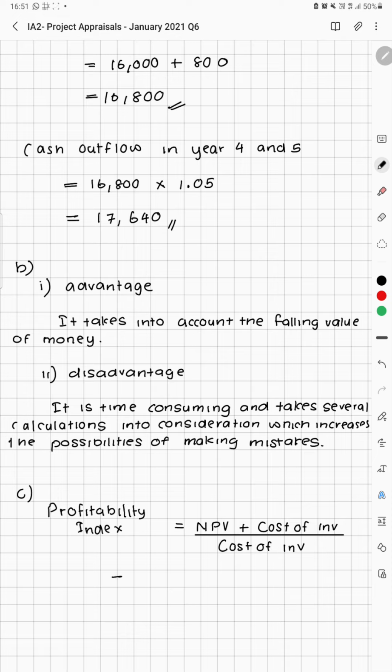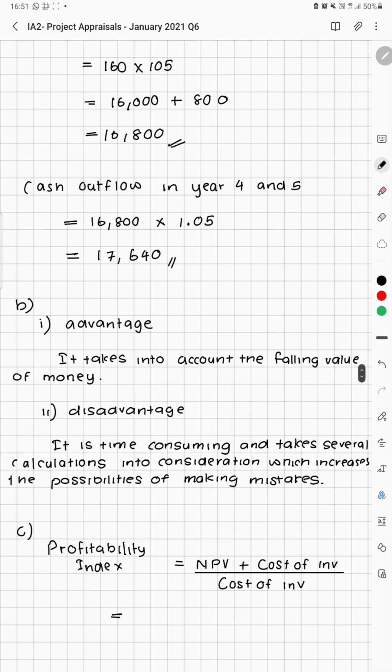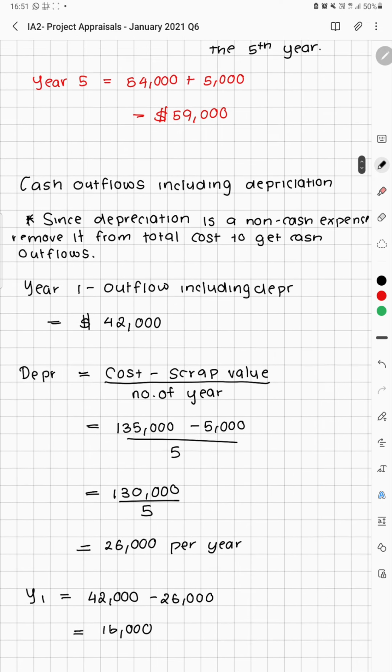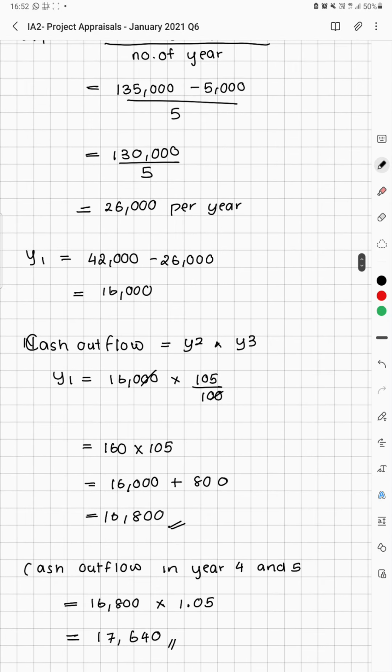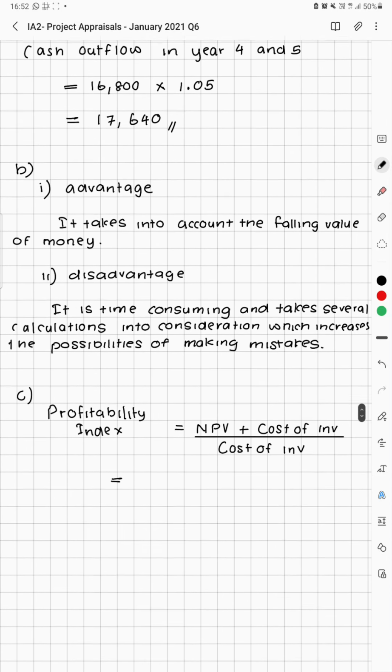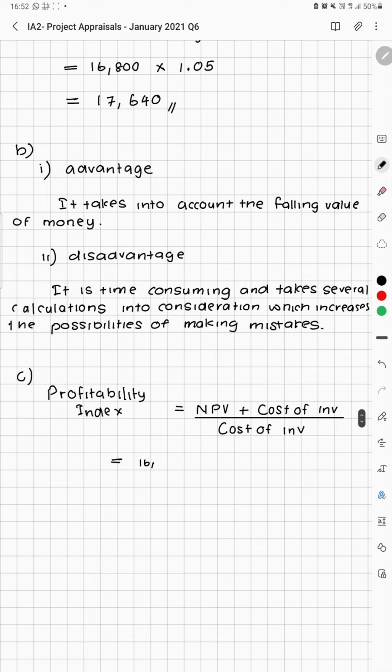So that's quite simple. Net present value is 16,495.96 plus the cost of the investment is 135,000.